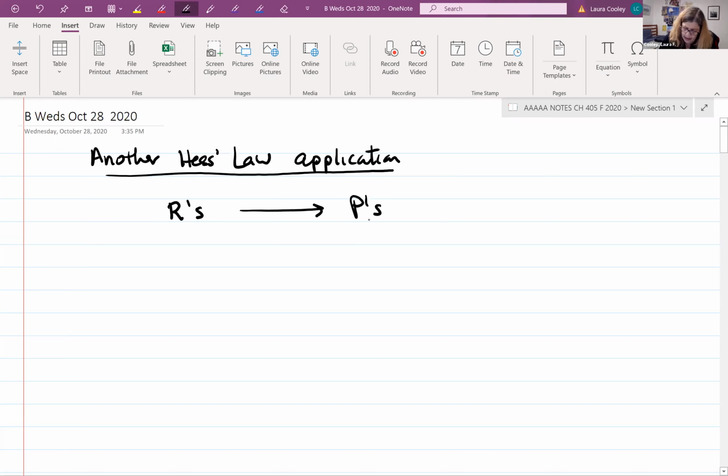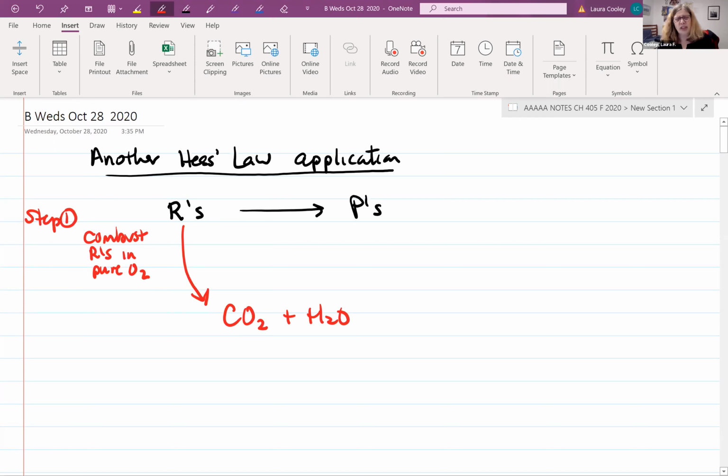If you're going from reactants to products, I showed you the path through the heats of formation, through the elements in their stable form. But there's another common route, and that is to combust the reactants in pure oxygen as step 1. Another lovely contrived route that you would never take in the lab.